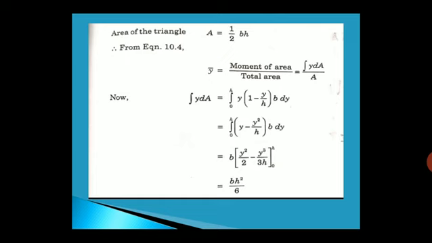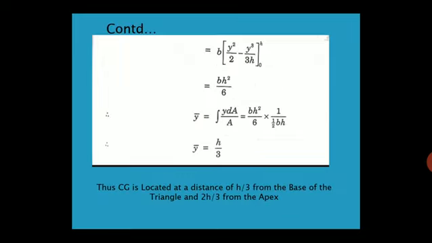Hence our integration limits become 0 to h. Therefore substituting, we get y bar is equal to bh square by 6 divided by the area. First of all we apply the limit 0 to h and then substitute it and get the value of y bar. Solving, we get y bar as h by 3.